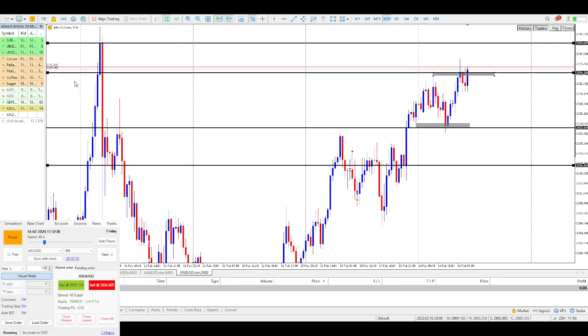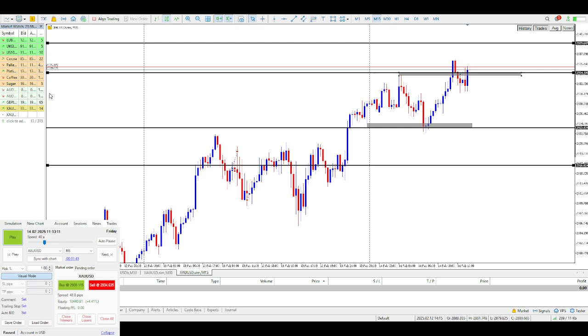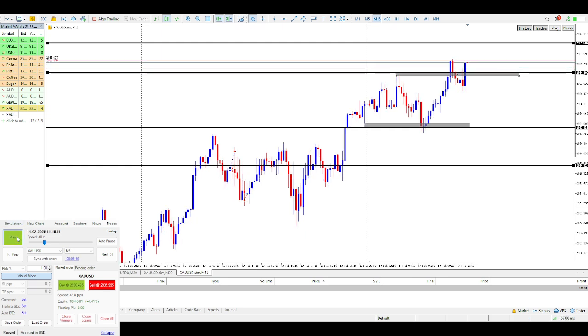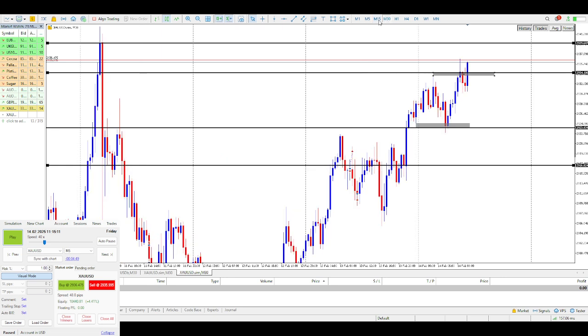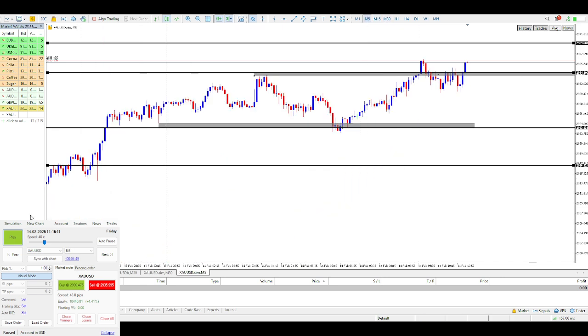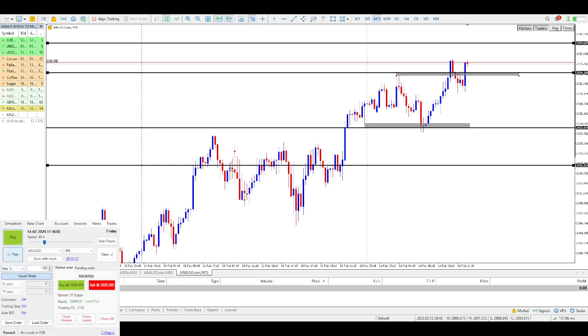We are in the London session now. Let's see how this M15 will close. Closed with no top wick. A candlestick closing with no top wick. There is a 50-50 chance.